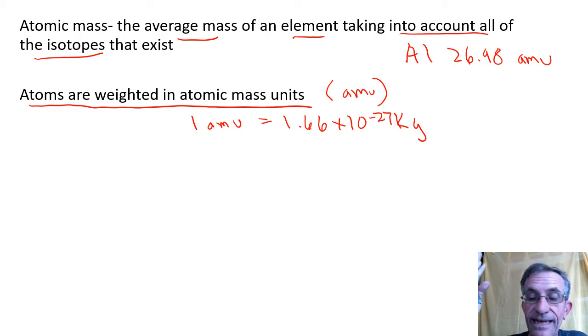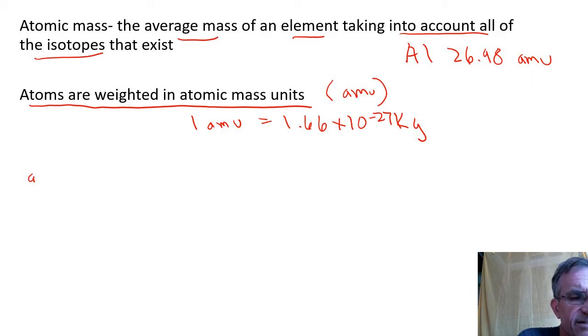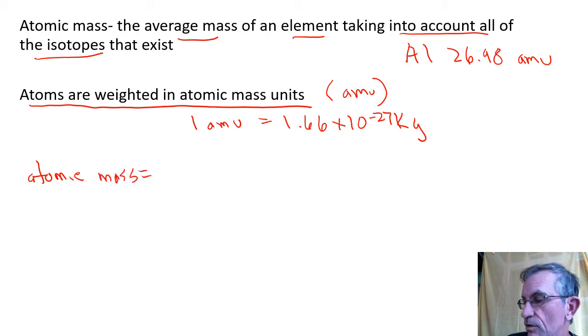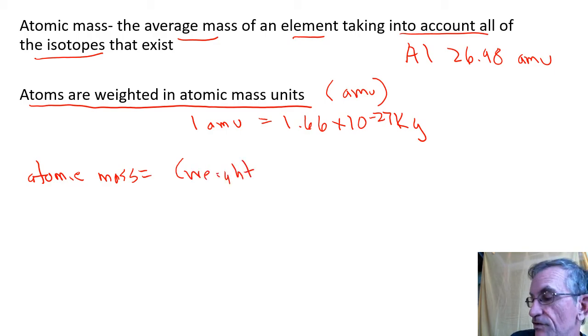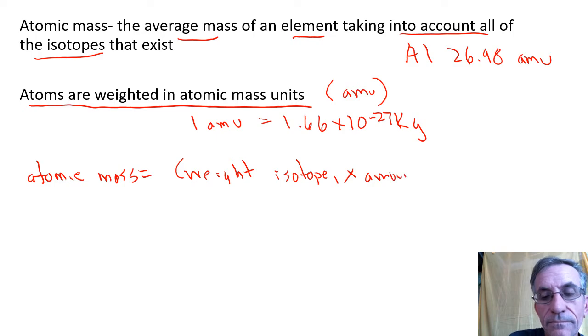Now, how do we get the average weight? The way that we get the average weight of an atom, and again, we're going to take into account all the different isotopes that exist for aluminum or whatever atom it might be, we're going to do this. The average weight, or instead of saying average weight, we just call it the atomic mass, is equal to the weight of the first isotope of some atom times its amount in decimal form.